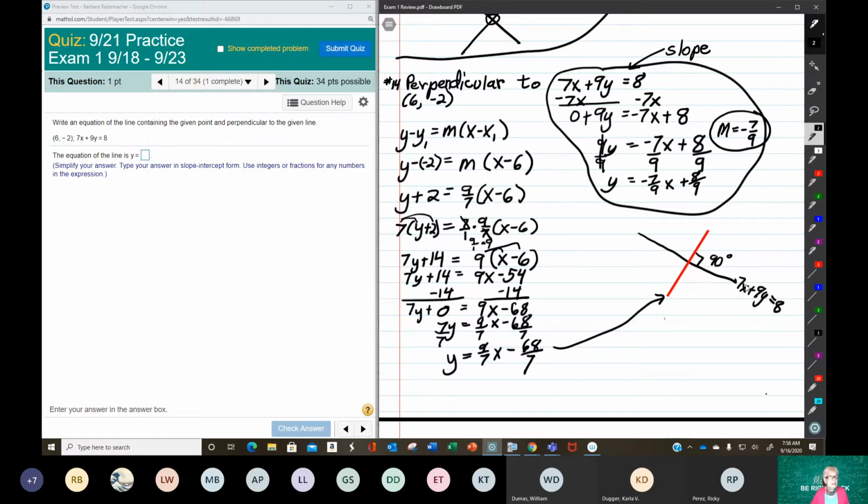To me, this is the hardest part right here when you're dealing with a perpendicular line.